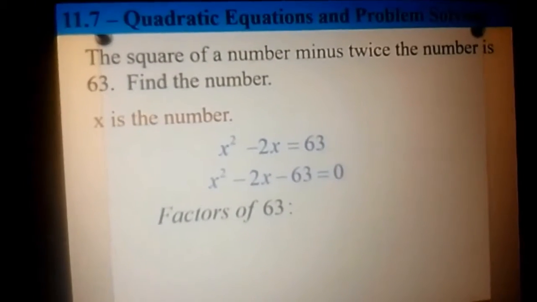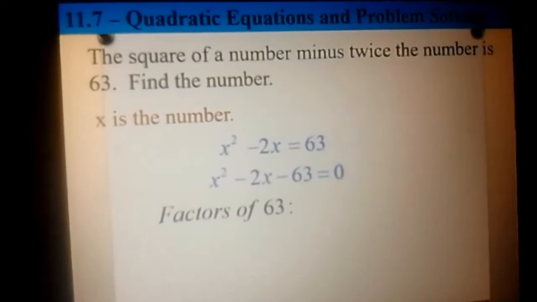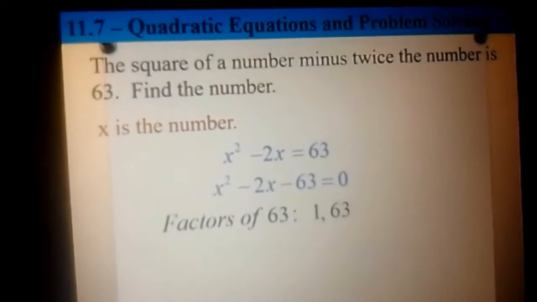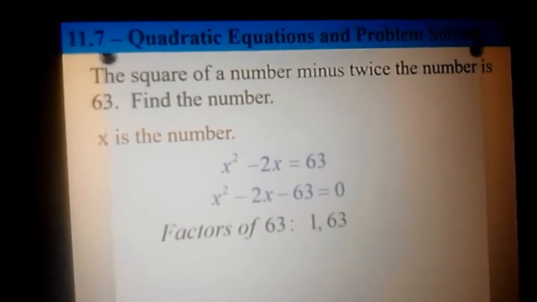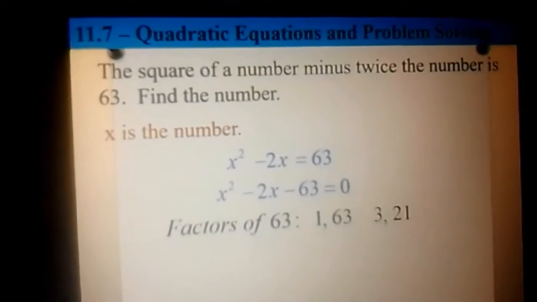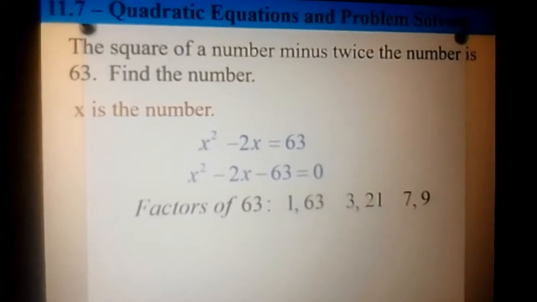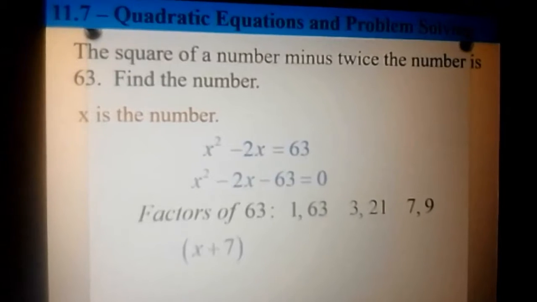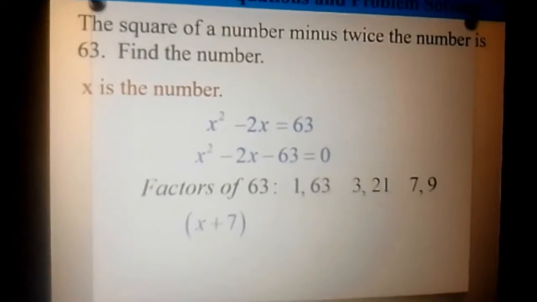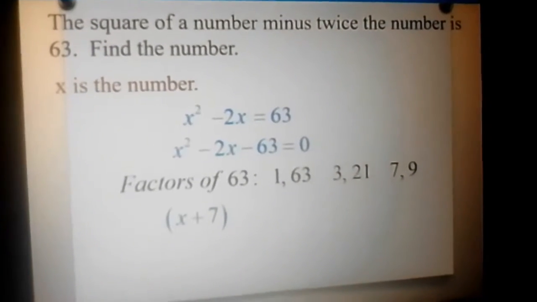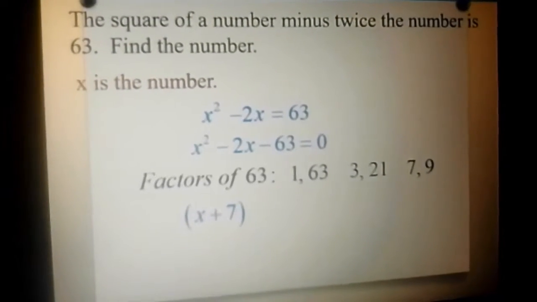What are the factors of 63 for us to find the middle number? Let us consider 1 and 63. Another factor pair is 3 and 21. Another is 7 and 9. Based on that, we can get the middle number, which is negative 2x, from the factors 7 and 9.